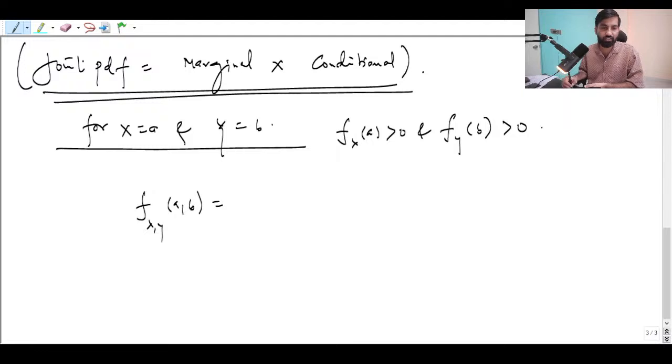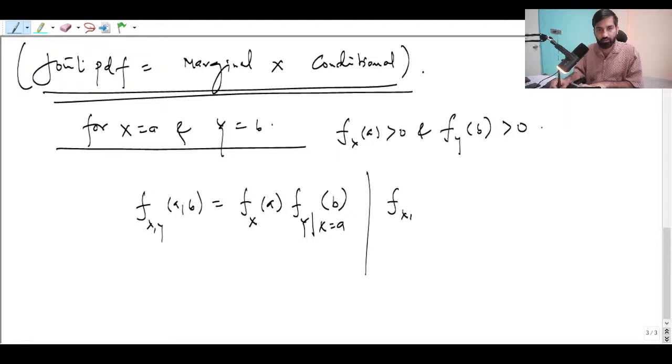You have to write the marginal here, and it is going to be symmetric. So remember that suppose we are writing X which takes the value a. Here you have to write the conditional density function for the random variable Y where X takes the value a. Or you can also say that f(x, y) which takes the values a and b is going to be equal to the marginal density function for Y, and that takes the value b.